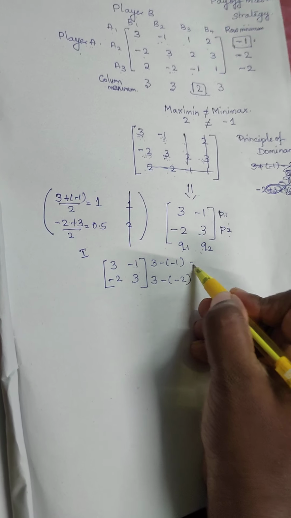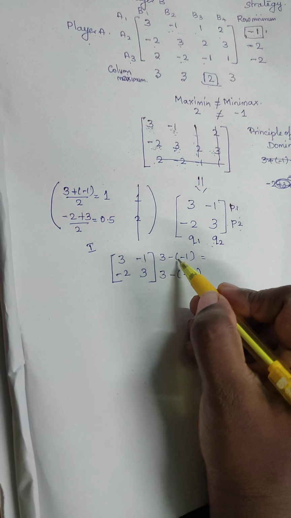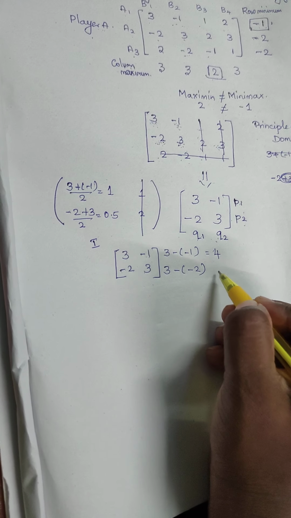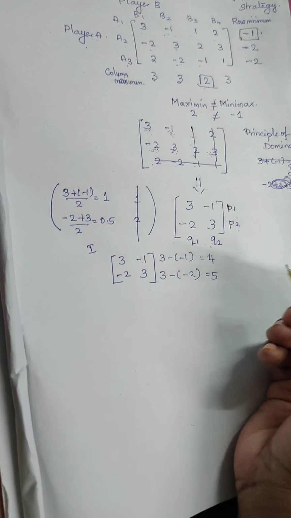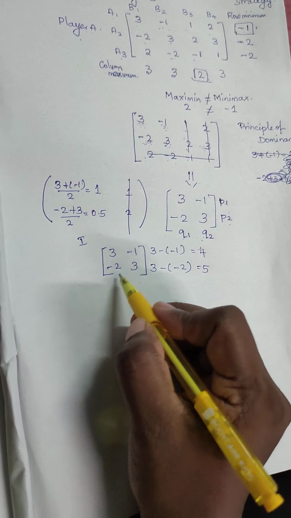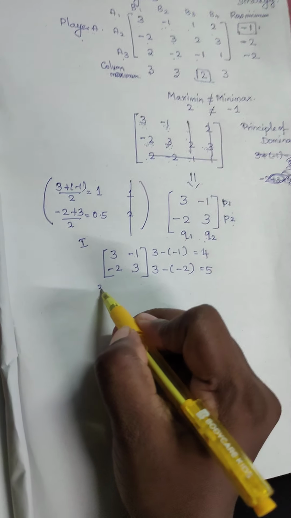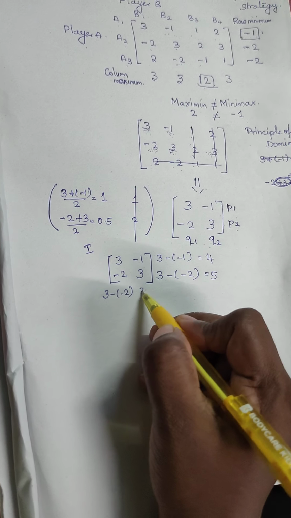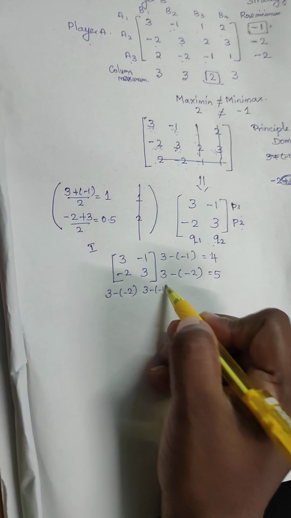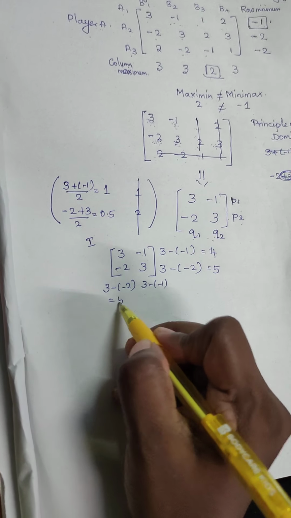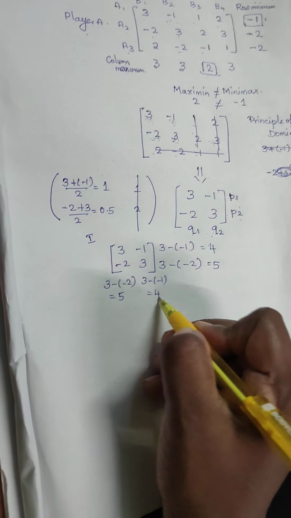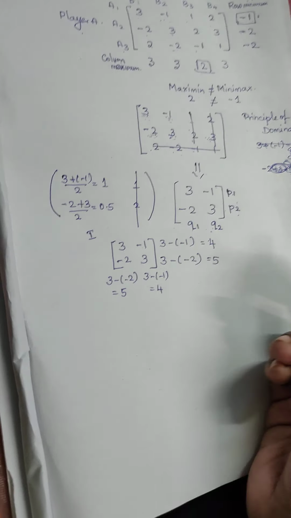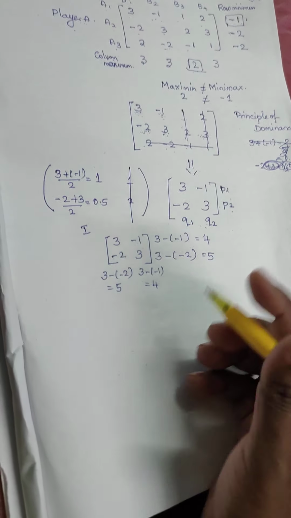So this becomes 3 plus 1, 4. This becomes 3 plus 2, 5. Similarly for the column also, again bigger value minus smaller value. This becomes 5 and this becomes 4. It is not necessary that they be the same; it will be different all the time. This is the first step.